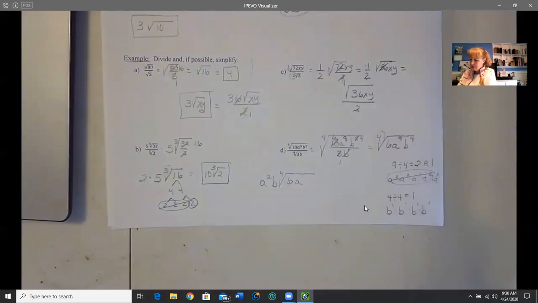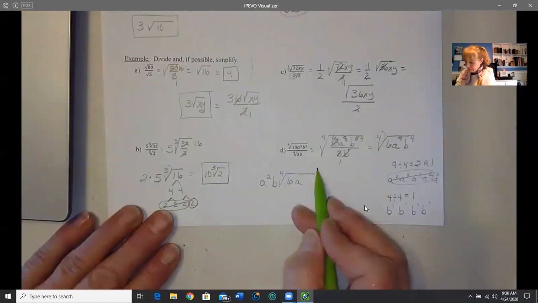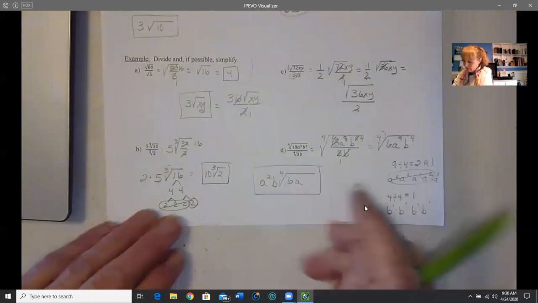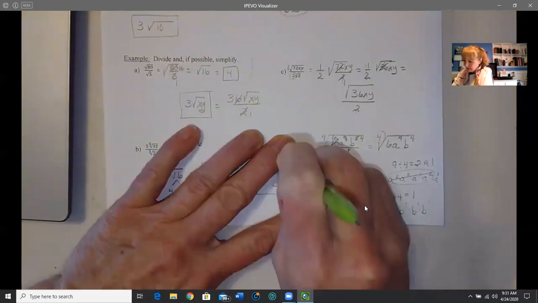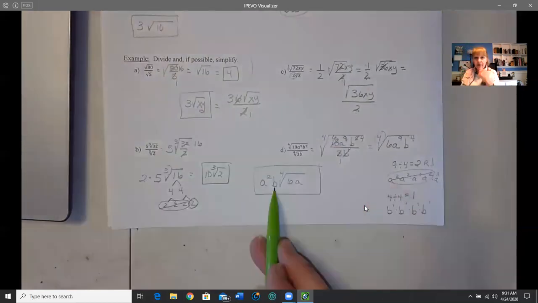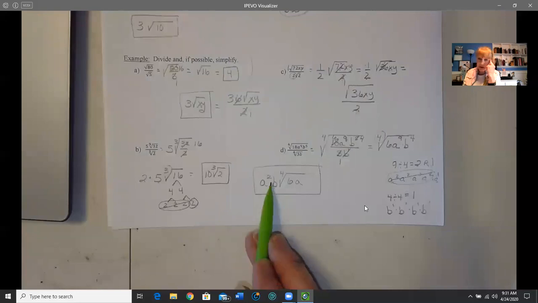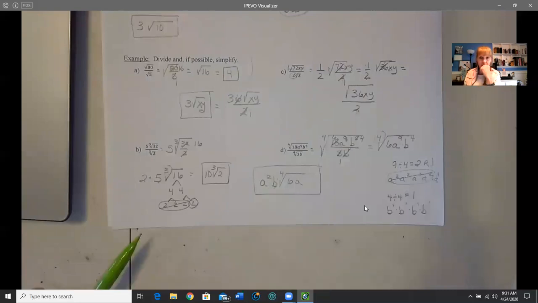If you needed to, you could have absolute values around the b. You don't need the absolute values around the a squared because it's even. Only if it comes out and it's odd. That's it for reducing.